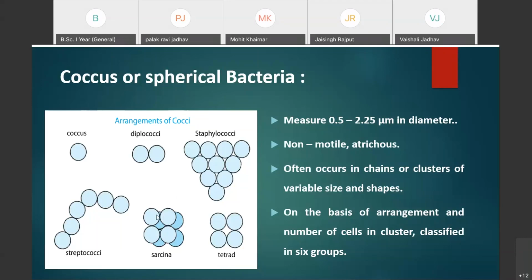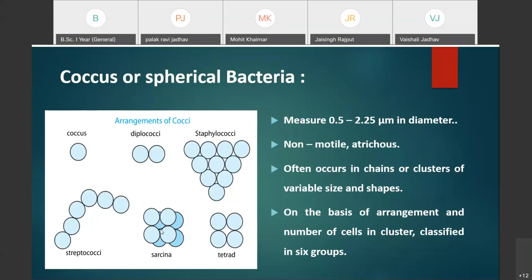The examples of these bacteria are Sarcina lutea and Sarcina verticuli.